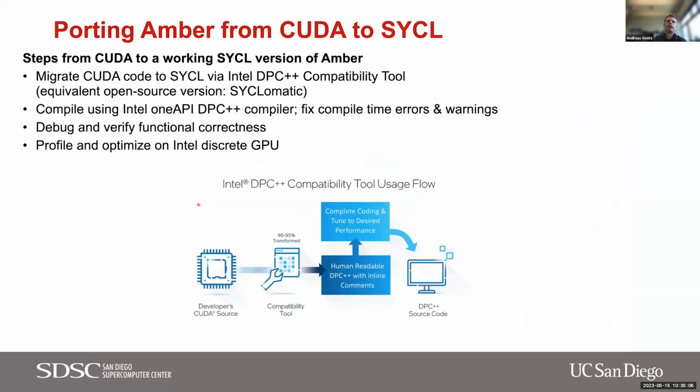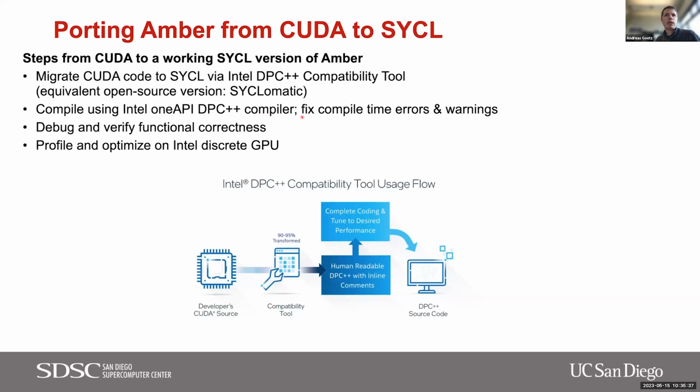And you can start from CUDA and get to a working SYCL version. For instance, for Amber, what we've been doing is to migrate the CUDA code via the Intel DPC++ Compatibility Tool. Now there's an open source version, that's the recommended version. It's called SYCLomatic. So basically you run that over your existing code, like Amber, and then you compile it using Intel's oneAPI compilers.